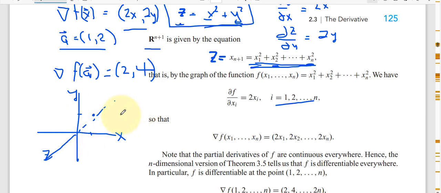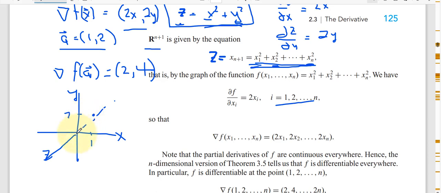Anyway, what we're saying is at this point, 1 comma 2, the gradient is the partial derivatives in the x and y directions.